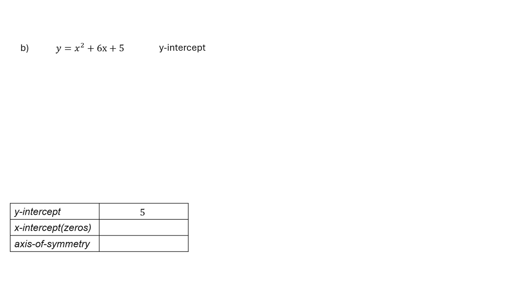Now, to calculate our x-intercepts, we need to factor this. This can't be reduced with a greatest common factor, so we'll go straight to the sum-product method. We're looking for a pair of numbers that multiply to 5 and add to 6. That pair of numbers just happens to be 1 and 5.